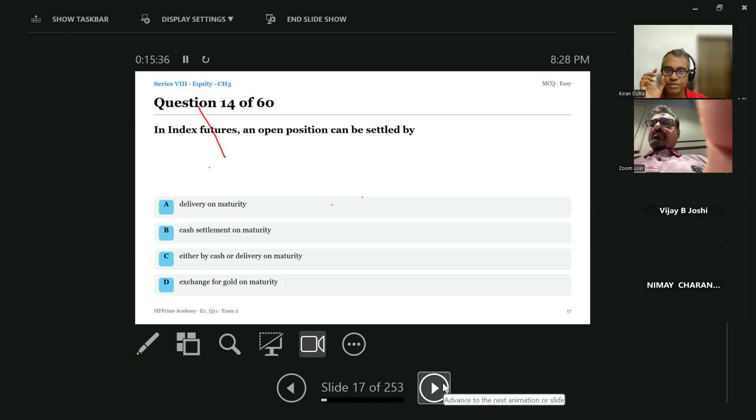What generally happens is most of the time, the brokerages actually square off your contracts, because they can't come to me and say, Kiran, pay that 7.5 lakhs or take the delivery there. That doesn't happen. So those positions get squared off. The answer, especially from the exam perspective, is everything is settled by cash settlement on maturity only. There is no concept of delivery, even though ideally that should be the case.